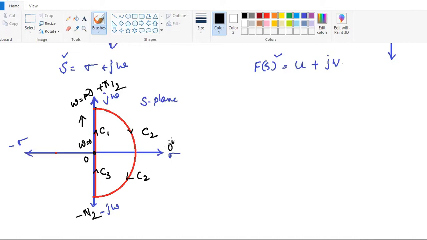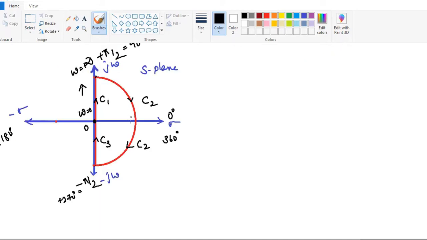Suppose it is 0 degrees, and it is 90 degrees, plus 180 degrees, plus 270 degrees, and again here it is 360 degrees. The negative angles are taken in the clockwise direction. Here it is minus pi by 2, which is equal to minus 90 degrees, and here minus 180 degrees, minus 270 degrees, and minus 360 degrees. This is how we take angles.